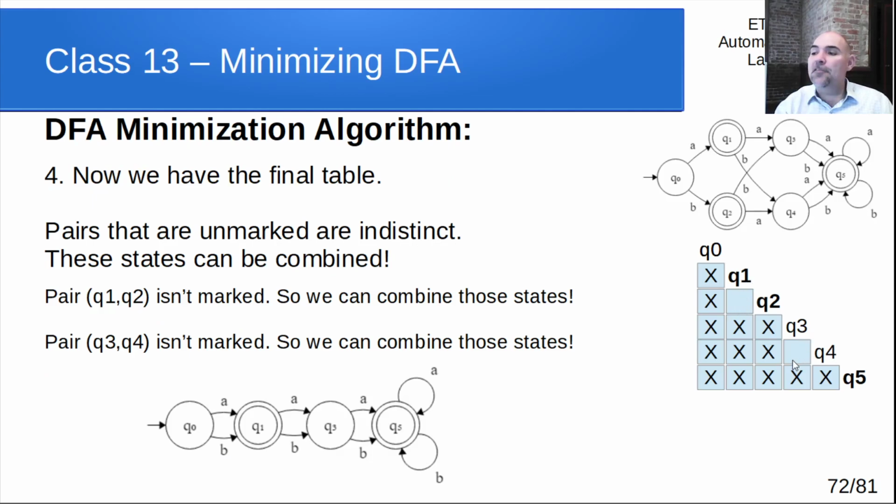And there are cases where you'll wind up with 3 or more that are the same. In that case, you'll have a cluster of like 2, 3, and 4. If they combine, you'd have all 3 of these cells here unmarked. So 2 is the same as 3, 2 is the same as 4. Therefore, 3 is the same as 4, and 2 is the same as 4. So all 3 of these could then be combined. So you will have cases like that.